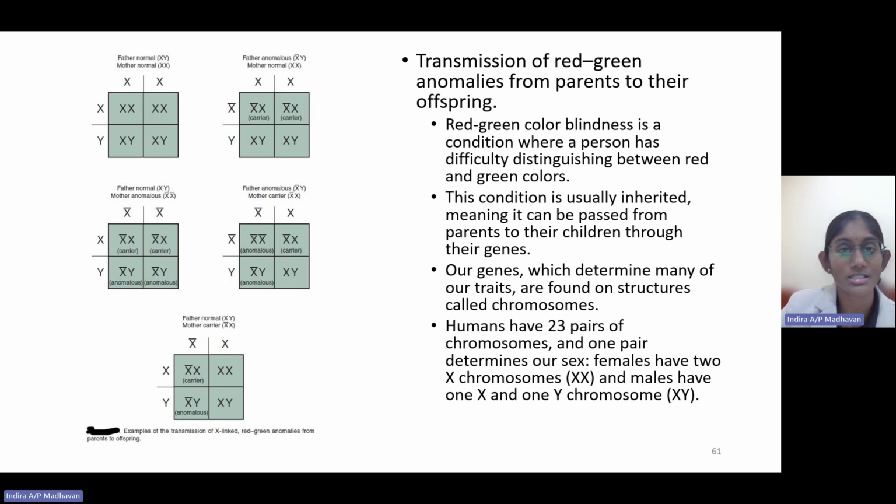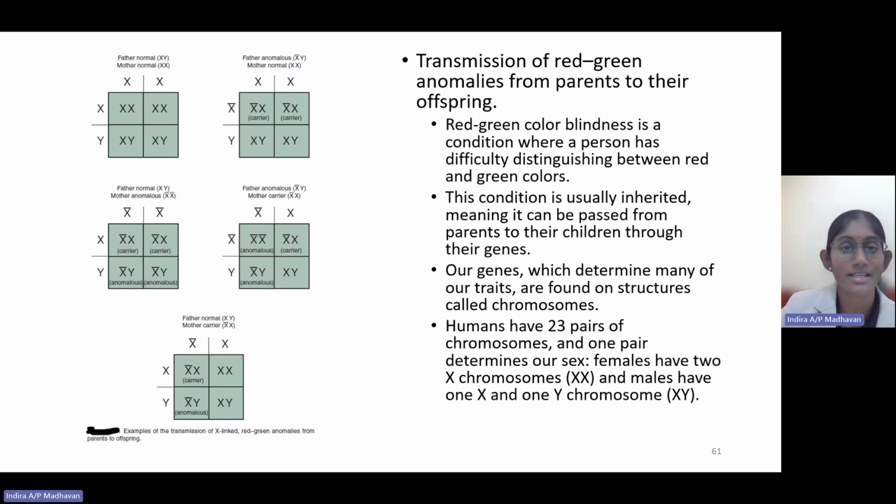Our genes, which determine many of our traits, are found on structures called chromosomes. These chromosomes determine the characteristics that you carry from your parents to yourself and also from yourself to your offspring, or your kids. Humans have 23 pairs of chromosomes and one pair determines our sex.